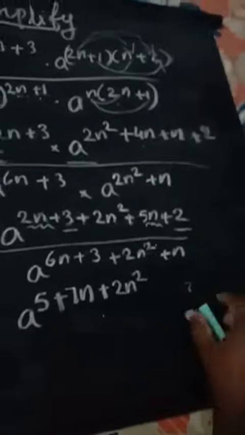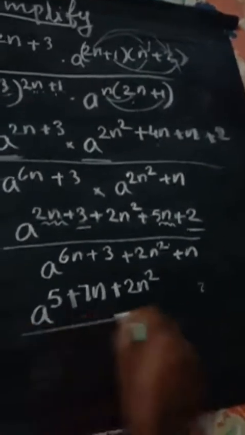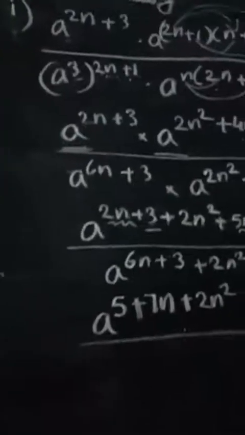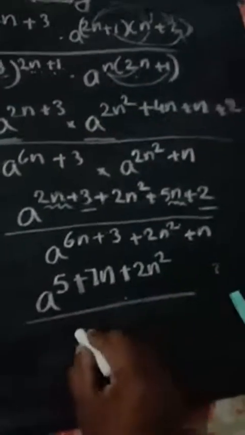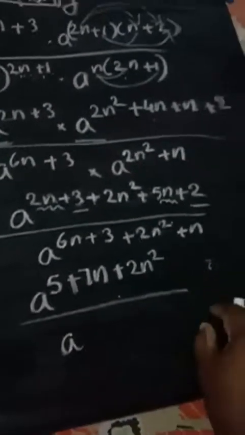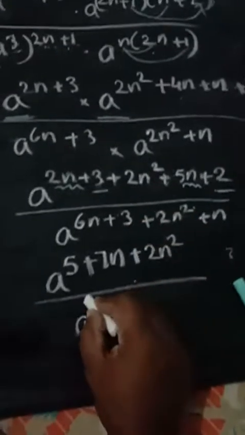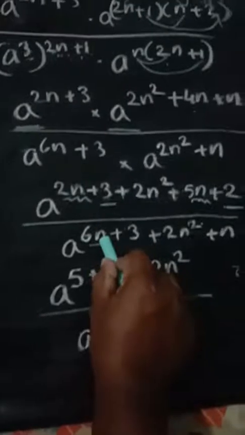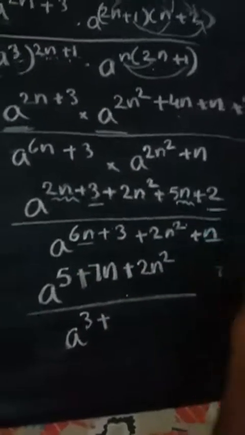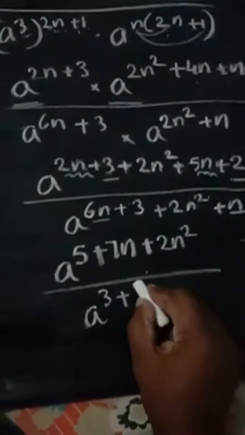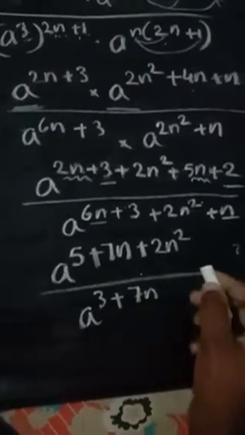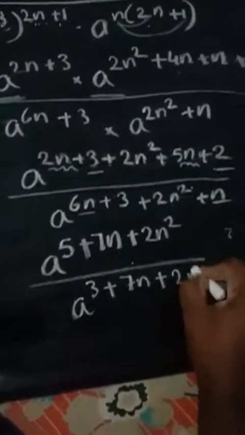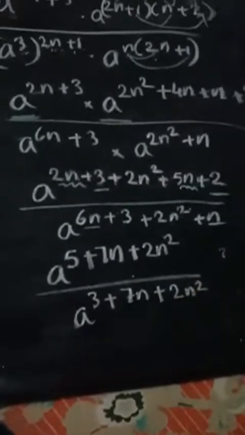Okay, divided by, in the denominator, see here, denominator a raised to 3, constant 3 only, plus 6n and n, 1n. What is 6n plus 1n? 7n plus 2n square is the 2n square. Clear?